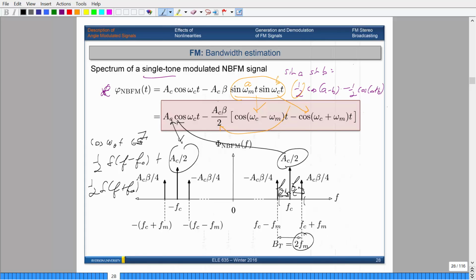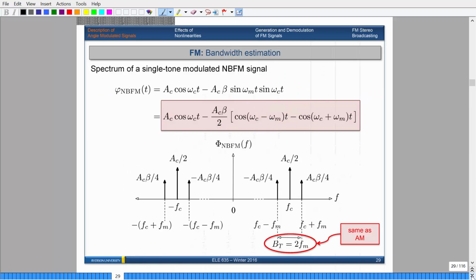That would be the bandwidth occupied in the channel if you wanted to transmit a single tone, which is a cosine wave, using frequency modulation. So if you have a narrowband single tone frequency modulated signal, then the bandwidth of that signal is simply twice the actual frequency of that cosine wave. It's also the same as amplitude modulation too, so I should probably point that out as well.